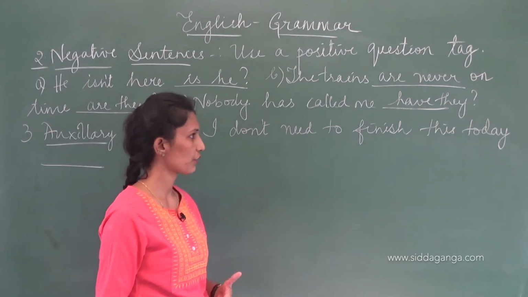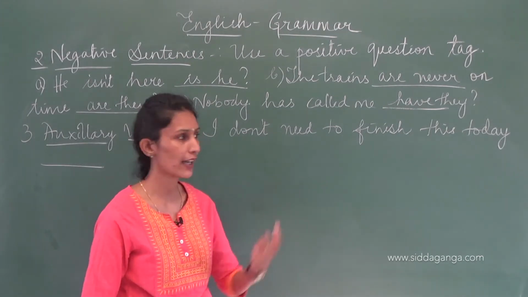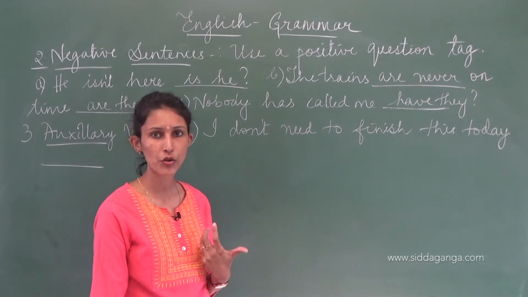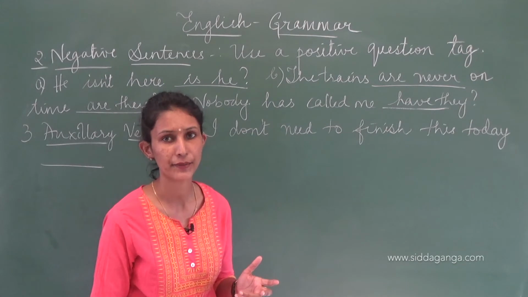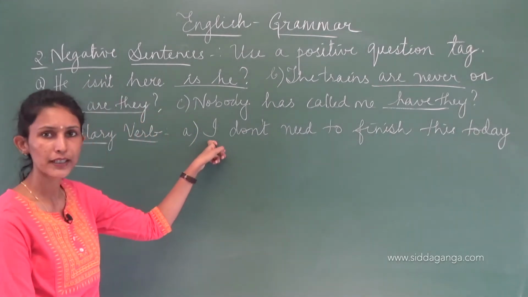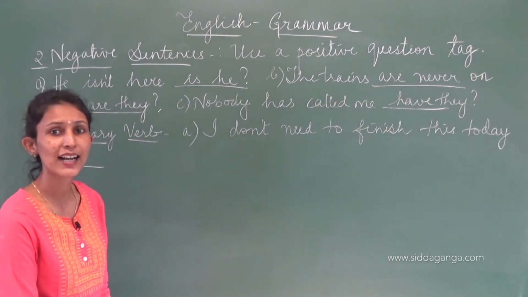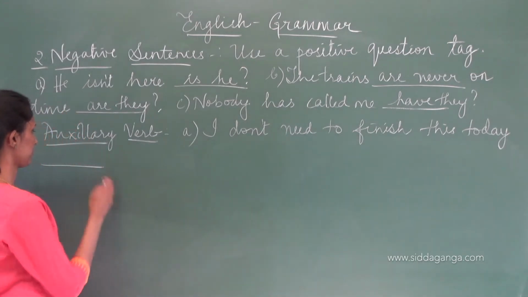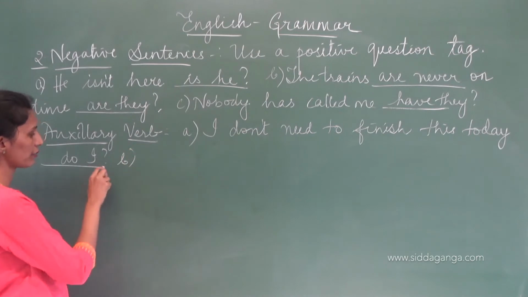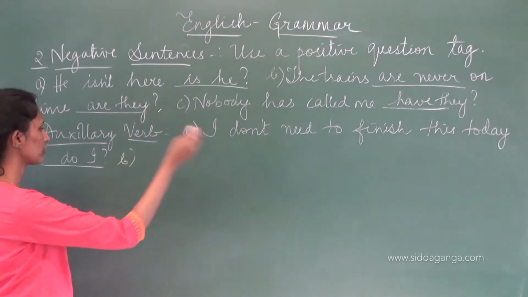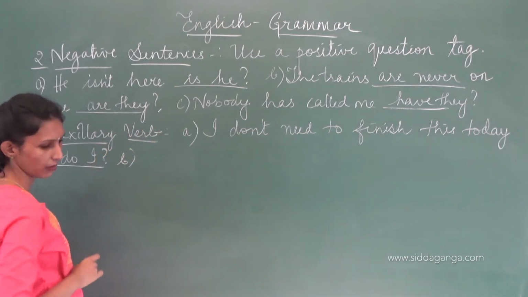So you have to form a positive question tag because the word do not or don't, though it's an auxiliary, is still in the negative sense. Do I? Why I? Because the subject here is I. Do I? Always remember to put a question mark at the end, otherwise you'll lose marks. Alright, next one.